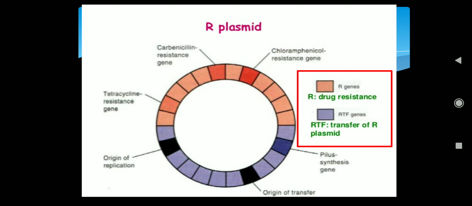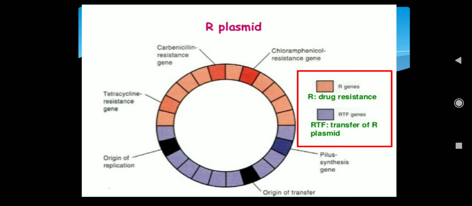Now the RTF and the R determinant are separated by an IS element. What is an IS element? An insertional sequence element. This insertional sequence element promotes the exchange of R determinants between different types of resistance transfer factor units.